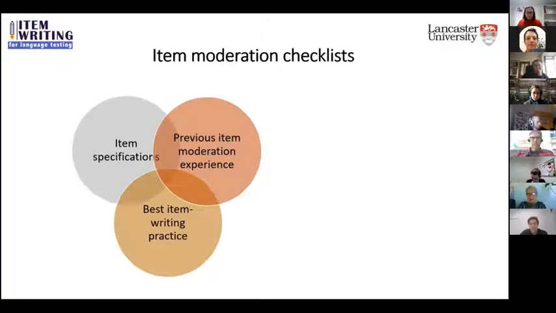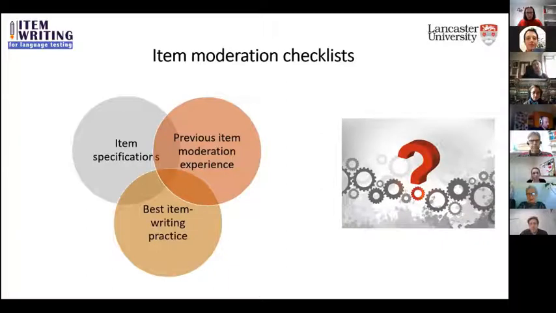So the final moderation checklist document should be based on all three sources: on item specifications, on your previous item moderation experience, and you'll be adding more as you get more experience in moderating items, and on best item writing practice for a particular item type.